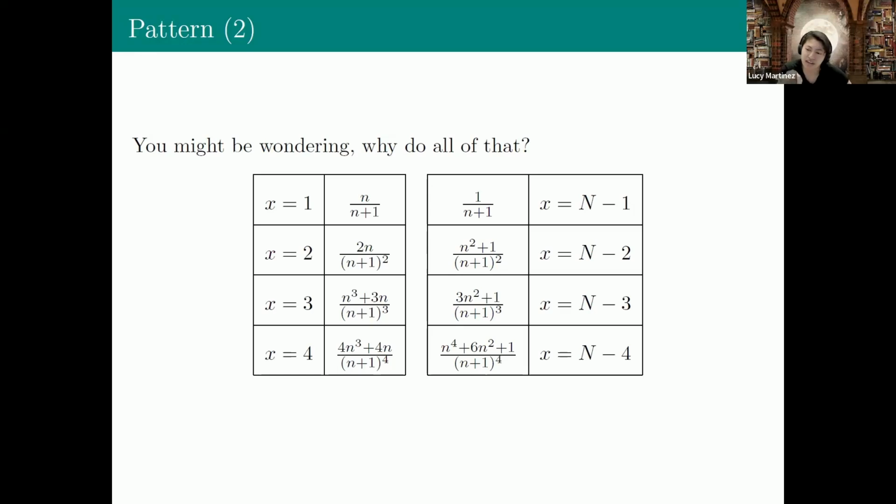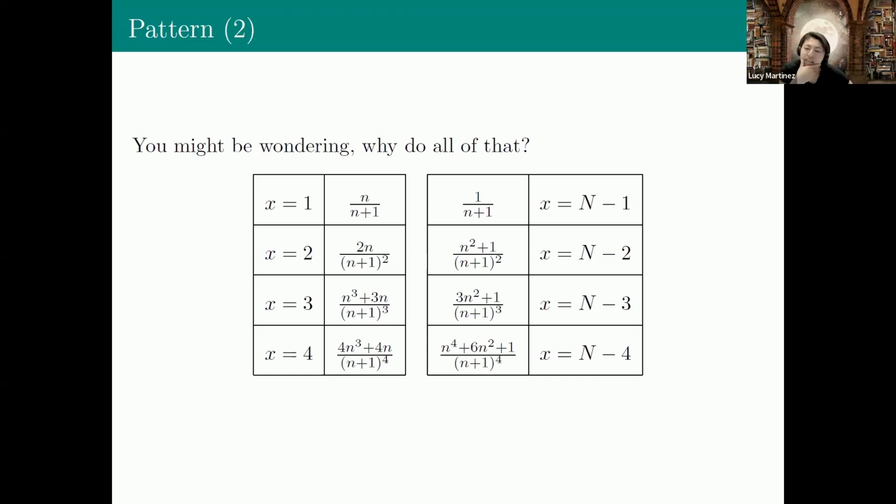Because we can now see that across the rows, if you add both expressions, they equal 1. And this was one of the observations to come up with an identity to try to find a closed formula for f of x, which is the probability of ending at n starting at x.